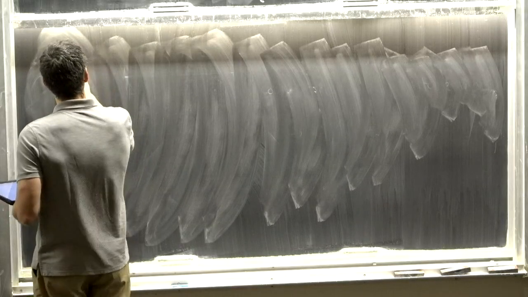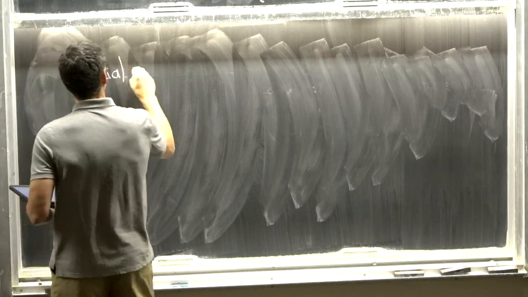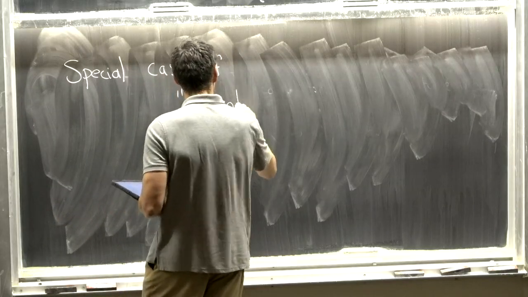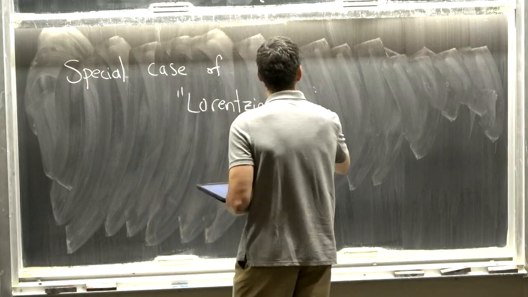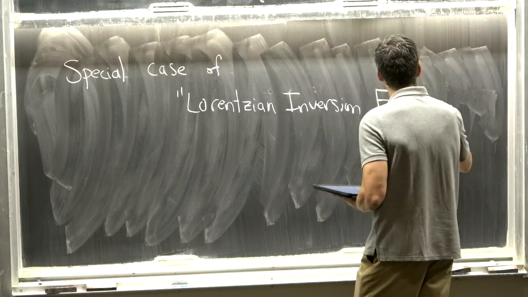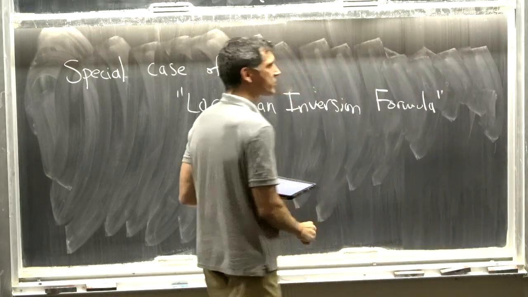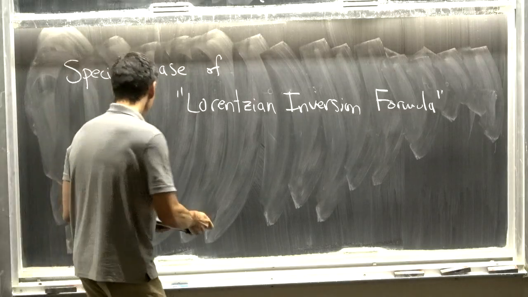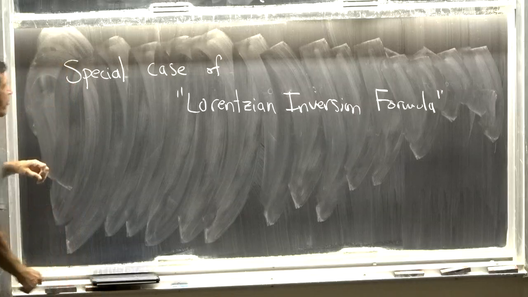And in fact, this is a special case of what's called the Lorentzian inversion formula, which is a bigger, more powerful technique. What the Lorentzian inversion formula does in conformal field theory is it tells you that all of the data of the conformal field theory is hiding or encoded in the double discontinuity.